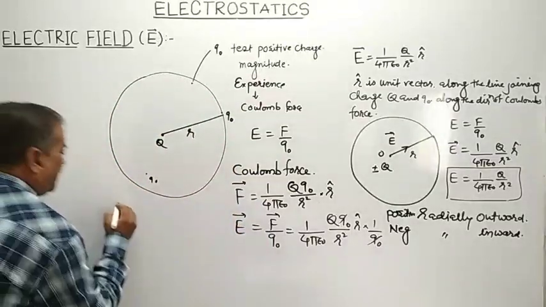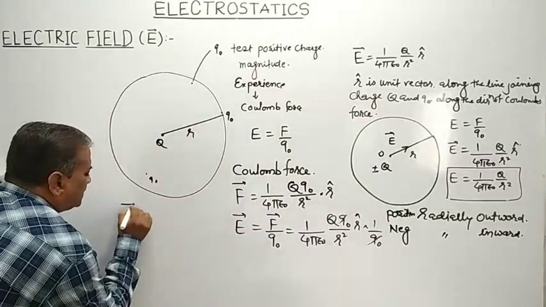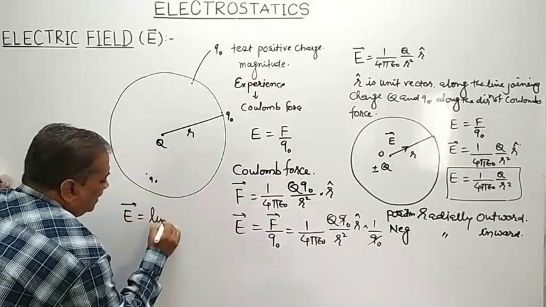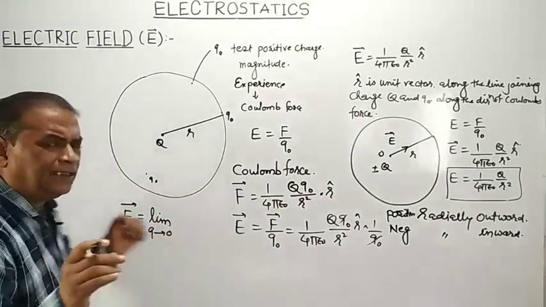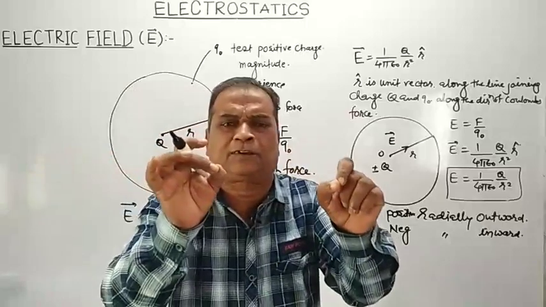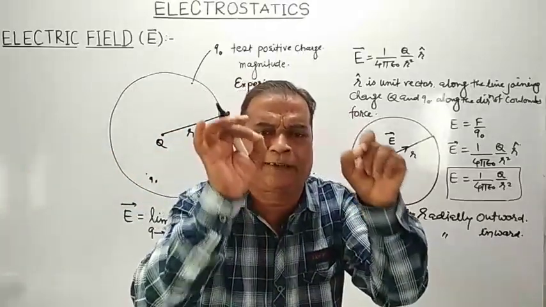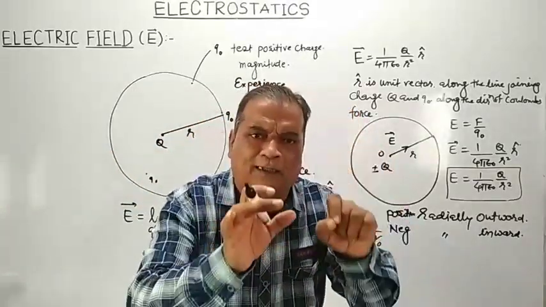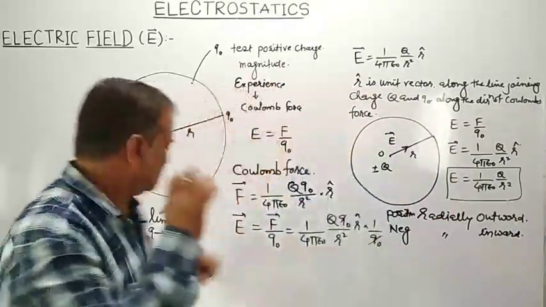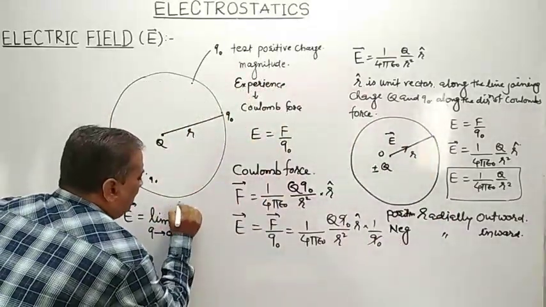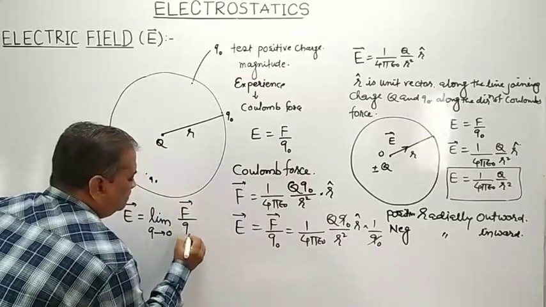Means you can define electric intensity E is equal to limit q tends to 0, means the magnitude of that test positive charge is very small so that it will not affect the surrounding of a given charge, into vector F divided by q.